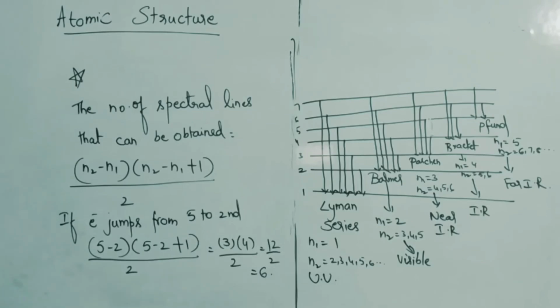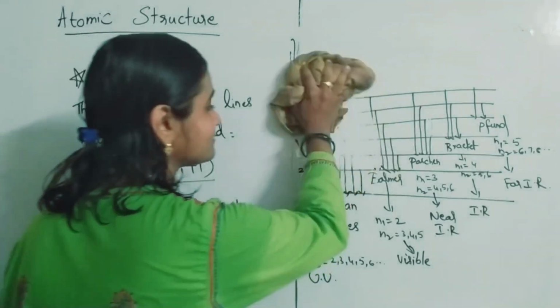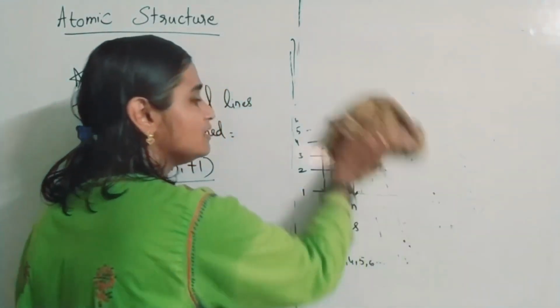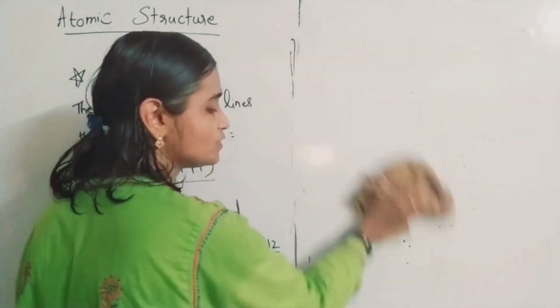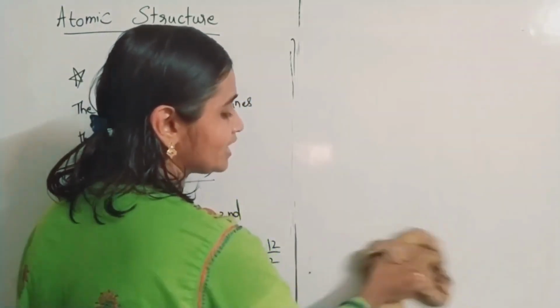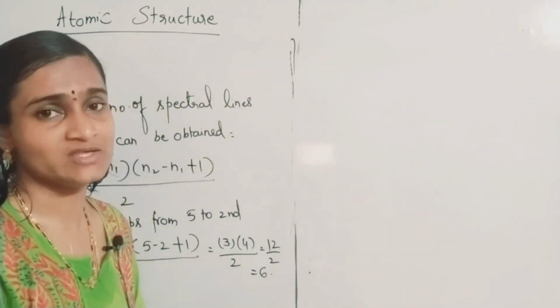And you have another important point which is called limiting wavelength. What is limiting wavelength? That is a very important point here. Based on this concept of limiting wavelength, you will get certain numericals using Rydberg's equation.